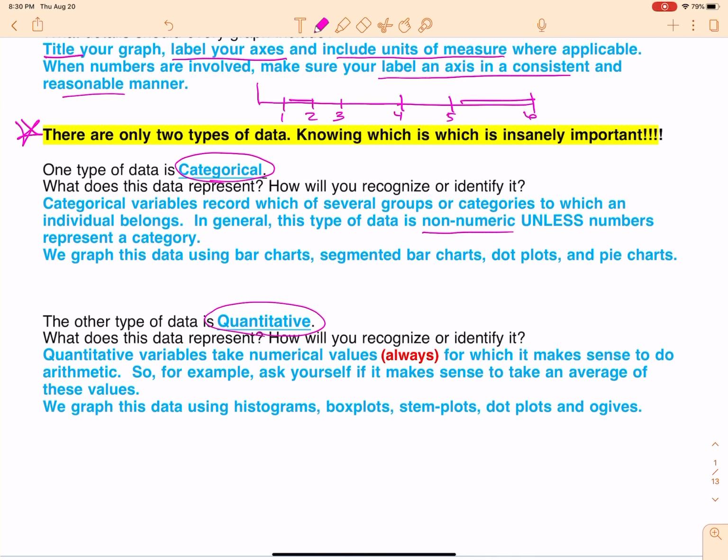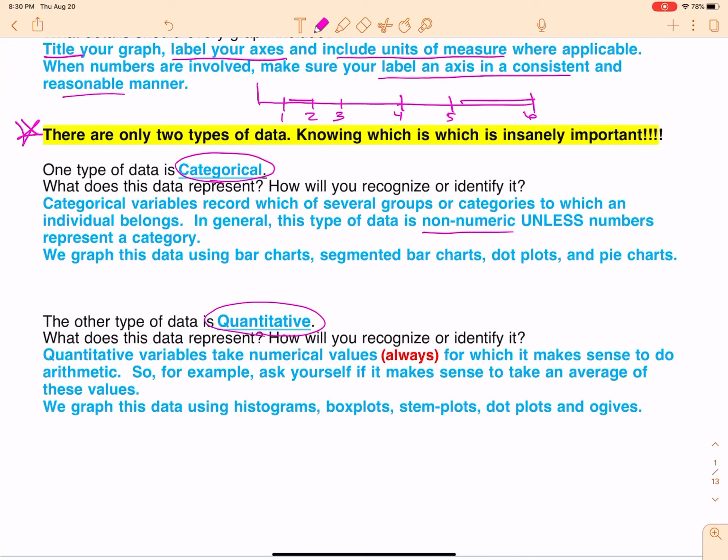It can get a little confusing, because there is numerical data that is categorical. Things like your zip code, your area code, your social security number. If it's numeric and you can't tell, ask yourself this question: does it make sense to take an average of these numbers? What's the average social security number? Well, that's silly. That doesn't make any sense. So that's how you can tell that numeric data is categorical.